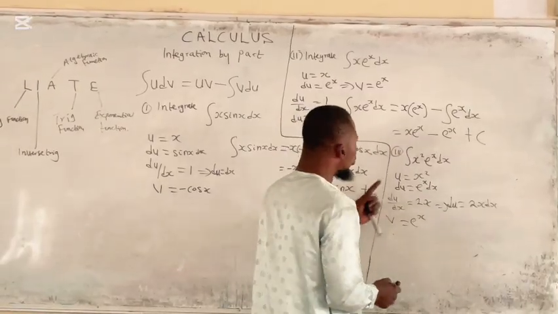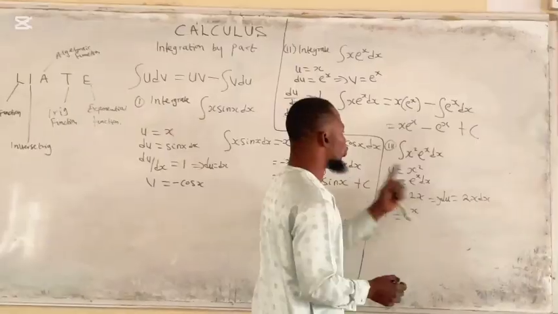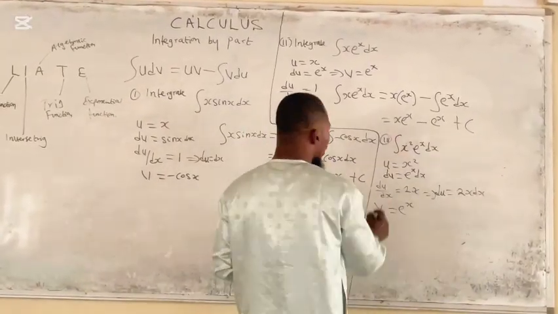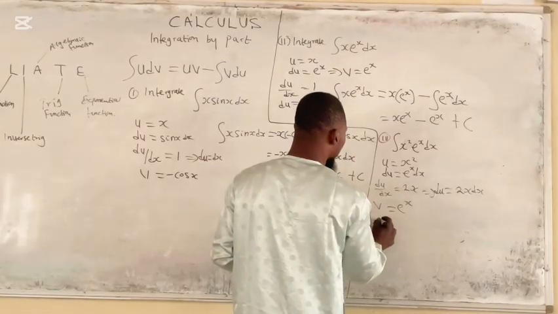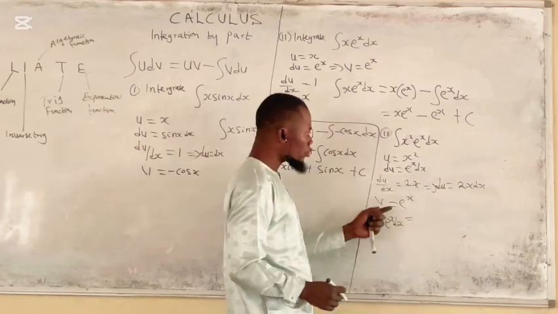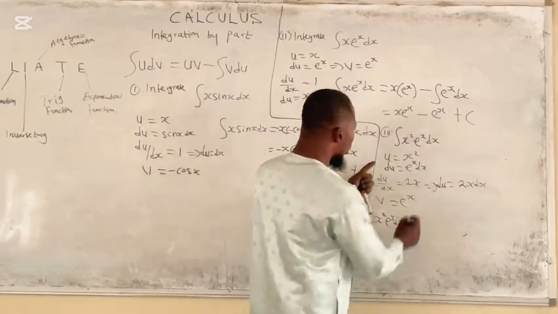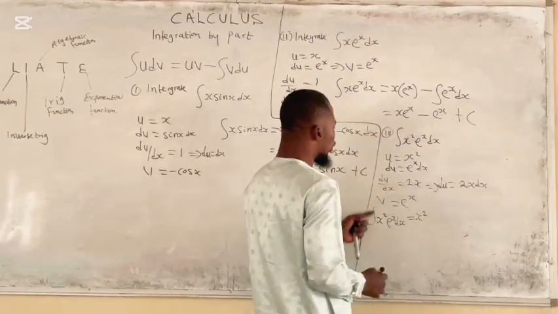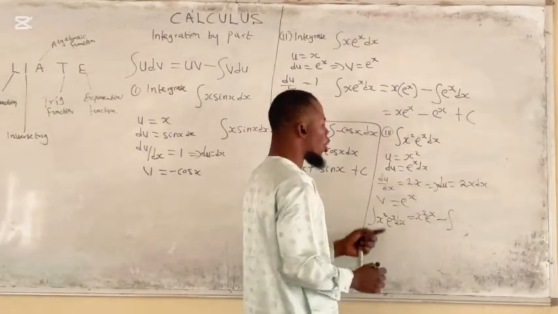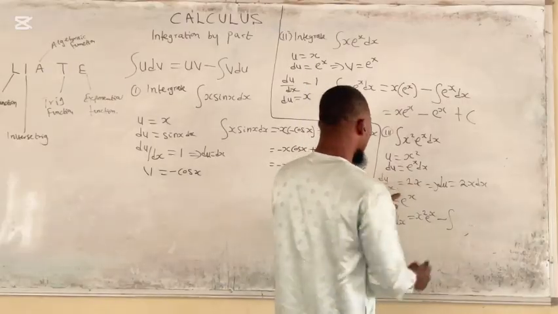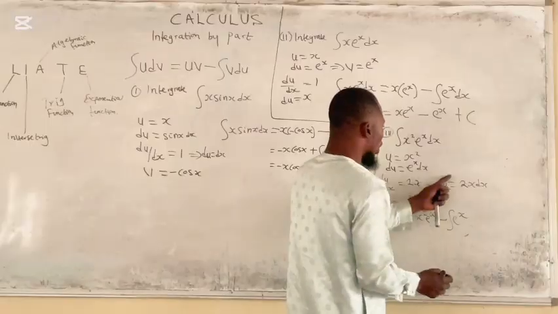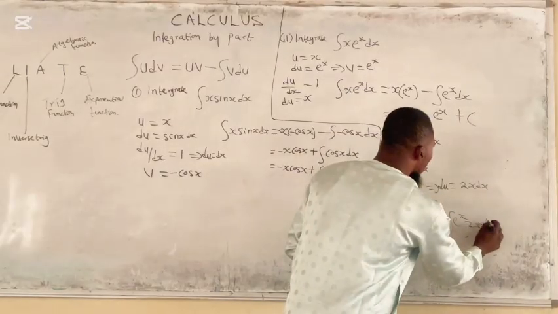Then we've gotten our u, we've gotten v, we've gotten du. Substituting it back into our integration by parts formula, the integral of x squared exponential x dx will now be equals to our u, which is x squared, multiplied by the v, which is exponential x, minus the integral of v, and our v is exponential x, multiplied by du, and our du is 2x dx.